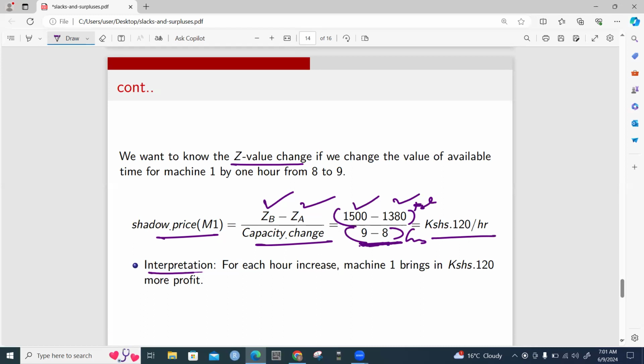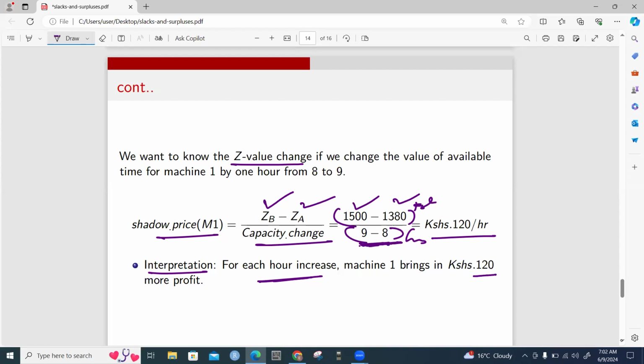Now, what this means to the manager or to the company involved is that for each hour increase, remember, machine 1 was only available for 8 hours. But you have said if you hire it for an extra hour so that it serves the company for 9 hours, the extra hour is actually bringing in 120 shillings as profit.